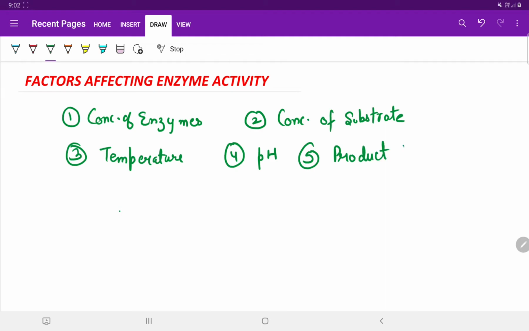The product being formed also governs the rate of reaction, and lastly the effect of activators and inhibitors. So this is also important, the effect of activators and inhibitors.